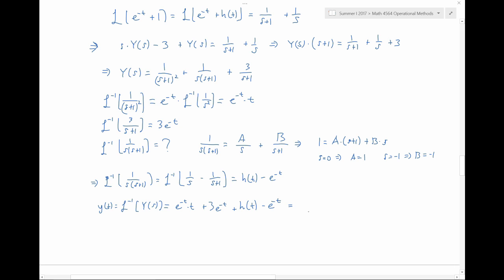So that simply can be rewritten as t e to the minus t plus 2 e to the minus t plus 1 for t greater or equal than 0.